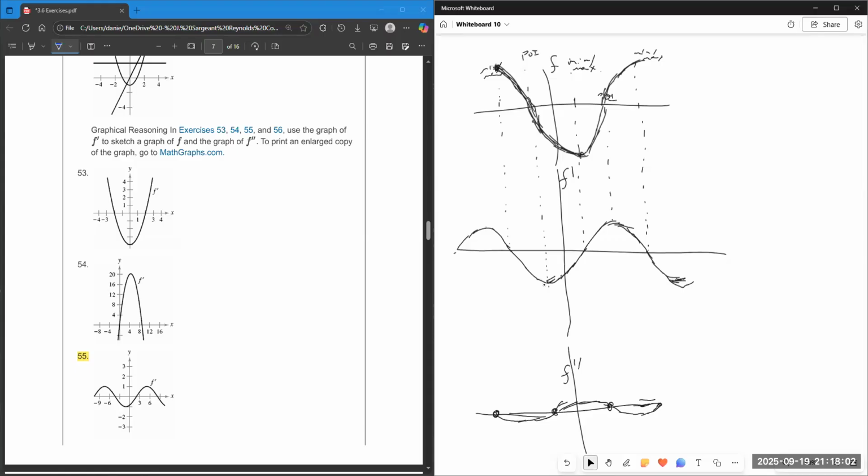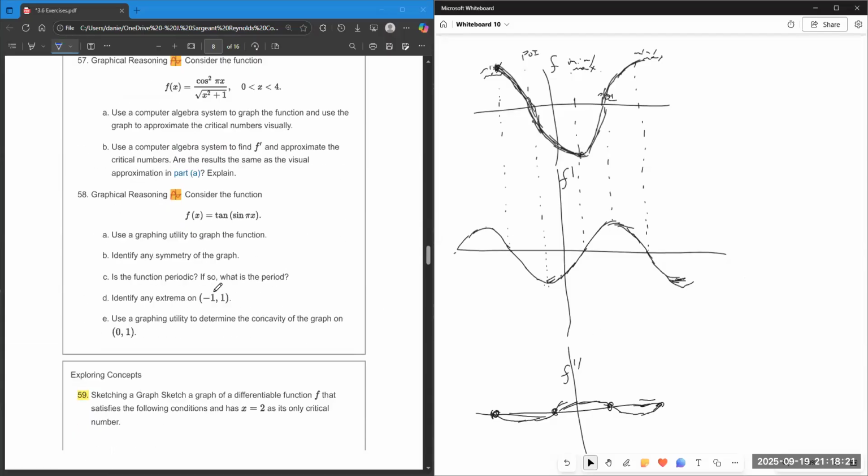And so this is a potential graph of f, this is f prime, this is a potential graph of f double prime. And again, I hope that that's multiple choice for you on WebAssign, because it's really hard to just sketch that by hand. All right, 59.